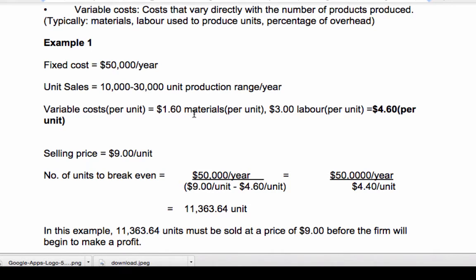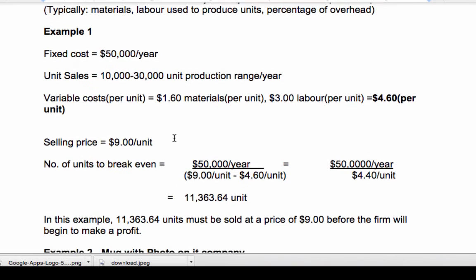So $1.60 goes in of materials for each unit, and $3 goes into labor. So one person might, let's say they're making slippers, and they use $1.60 worth of materials, and the $3 is what you pay them to make 1 unit. Maybe they're knitting them. So in total, for each pair of slippers, it costs you $4.60.